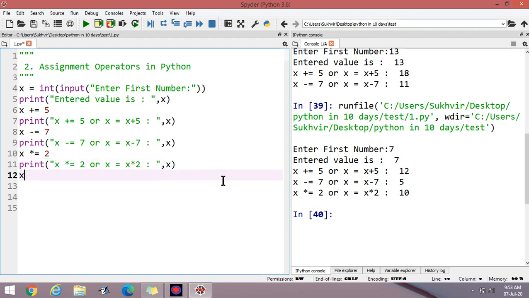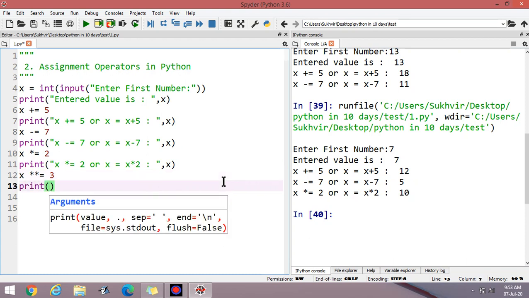Suppose I write x star star equal to 3, then print in double quote x star star equal to 3, or x is equal to x multiply x multiply x.